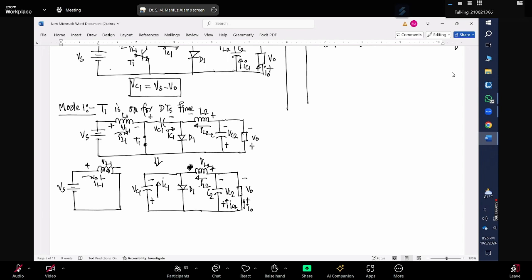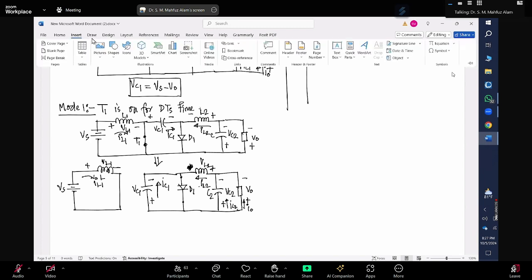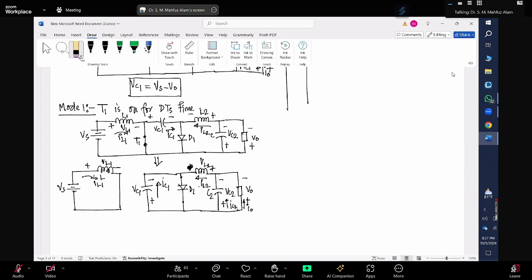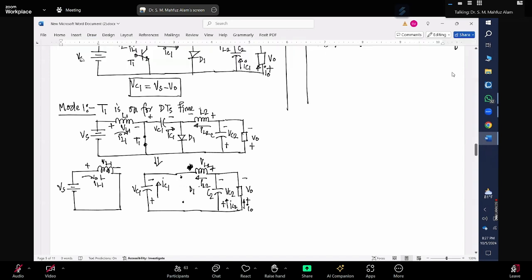Yes, sir. So here, as you can see, the negative terminal of the capacitor C1 is connected to the anode of the diode, and the positive terminal is connected to the cathode of the diode. So the diode will be in reverse bias. We can neglect this diode here because it will be in reverse bias.